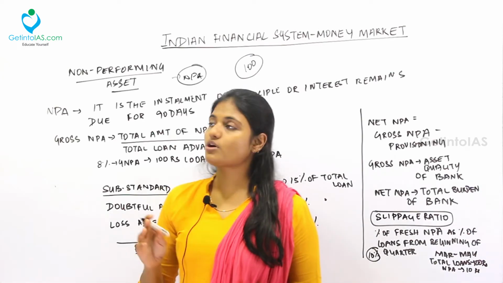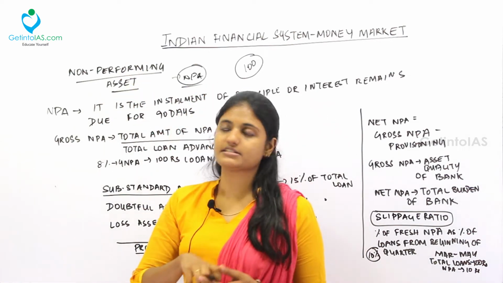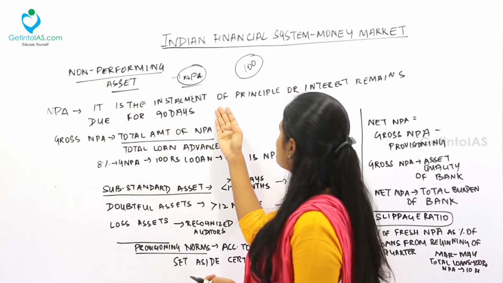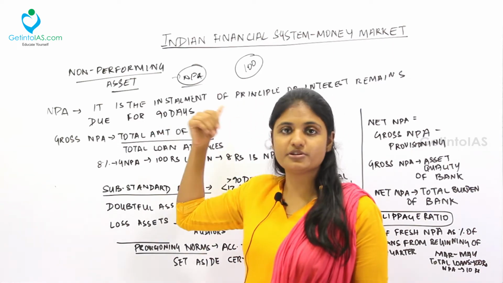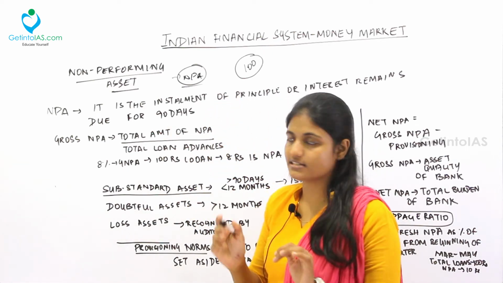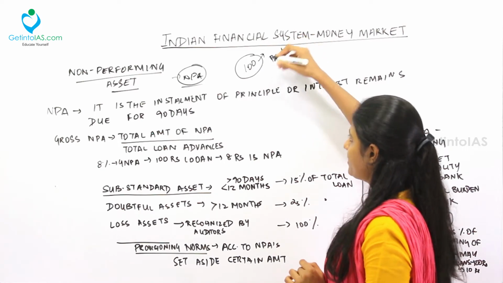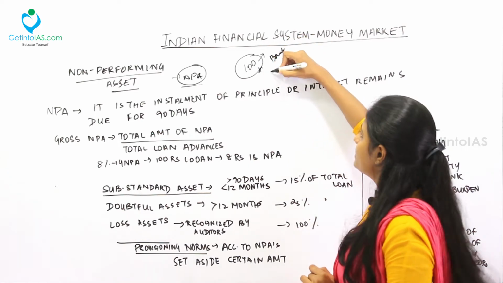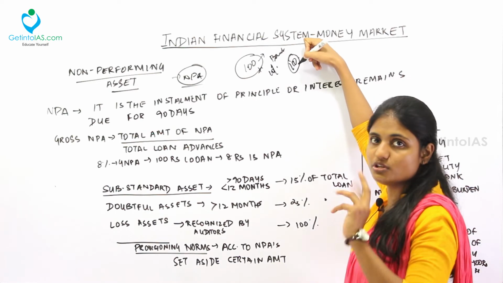So next, coming to the topic of non-performing asset or NPA. So what is called NPA first? NPA is when the installment of principal or interest remains due for a period of 90 days. See, in case I get a 100 rupees loan from a bank, and the interest on this is 10%, so totally I should be paying 110 rupees to the bank.